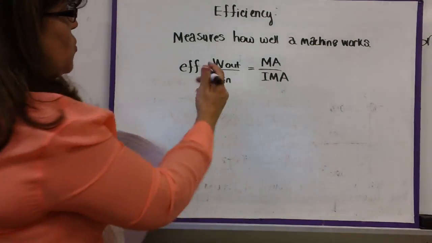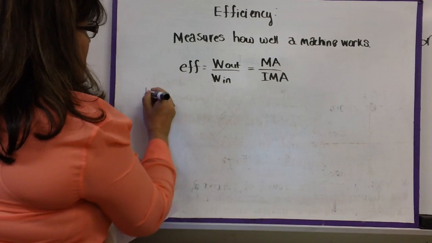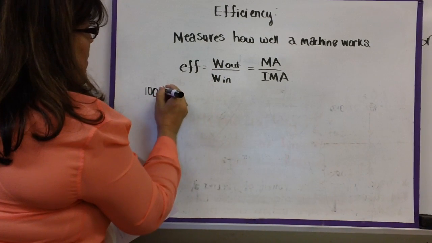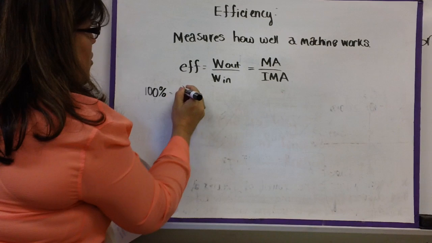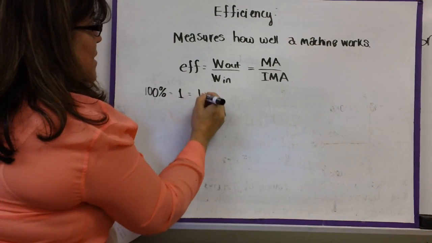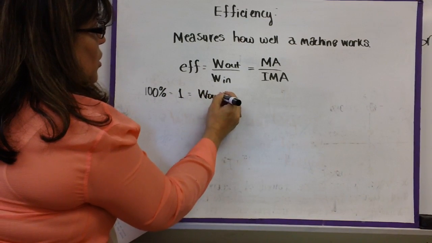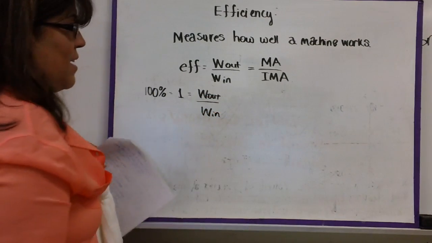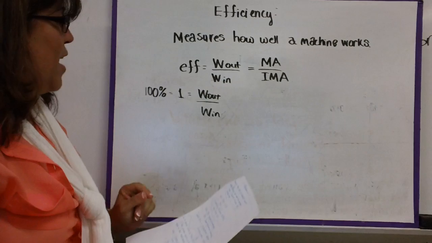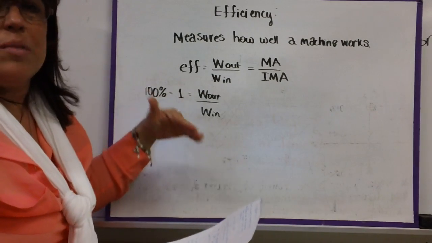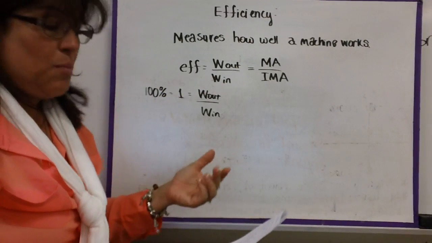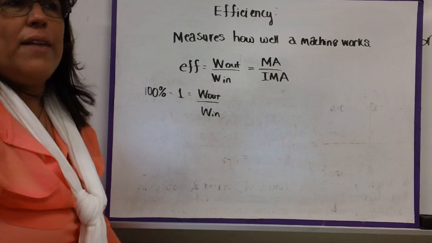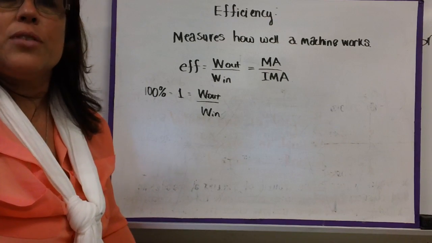So really, 100% efficiency is equal to an efficiency of 1, which means that the output work that you get out is equal to whatever you put in. And that doesn't happen. Okay, so we can never have an efficiency of 1. It's always going to be less than 1, 0.9, 0.8. So we can say that a car engine is 90% efficient.